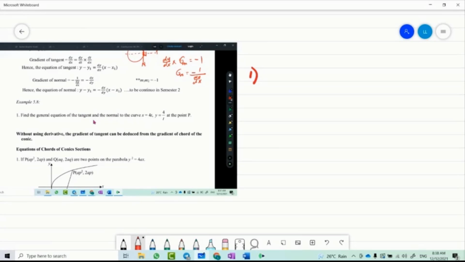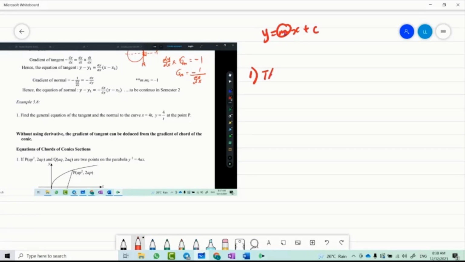So in order to find the equation of the tangent, you must find the gradient of the tangent, because y equals mx plus c. So you must find the gradient first. Because you have so many gradients and so many equations, you must write clearly what you want to find.